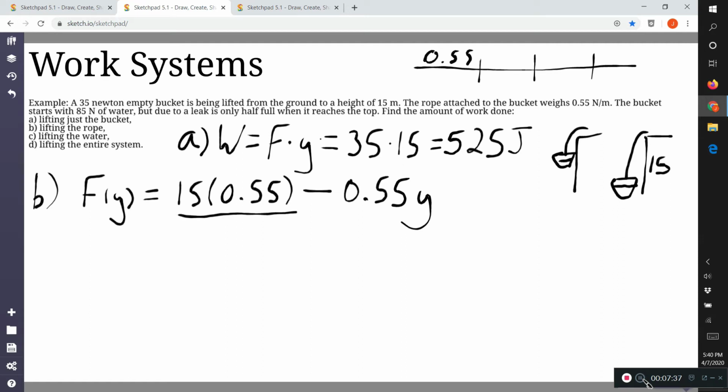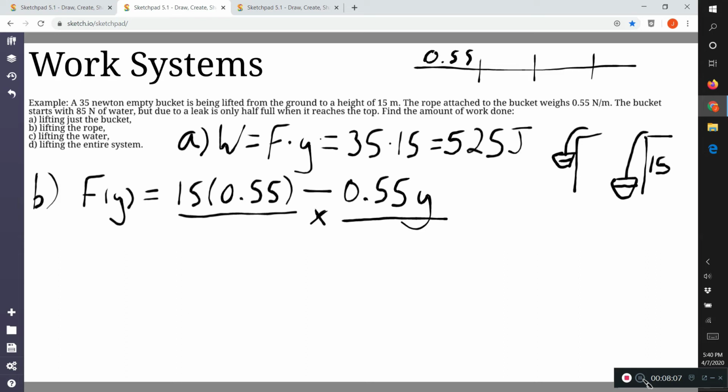That would be all the rope we need, all 15 meters of the rope, 15 times the 0.55 newtons per meter. And then we're losing a certain amount every meter. We're losing, as it says, 0.55 newtons every meter. That sounds like a slope, newtons per meter. So in our linear equation, it ends up being a slope.